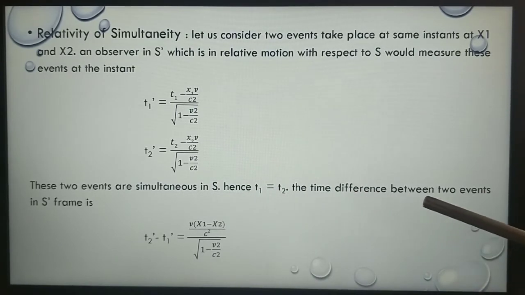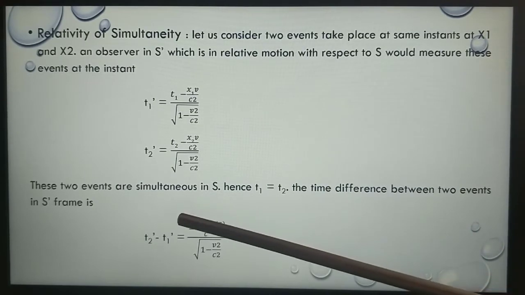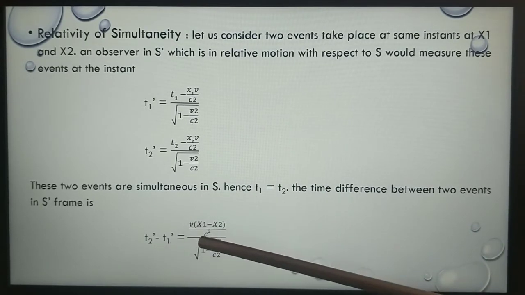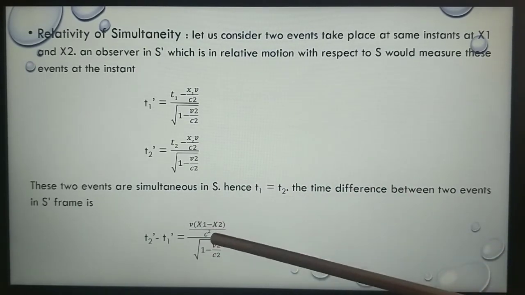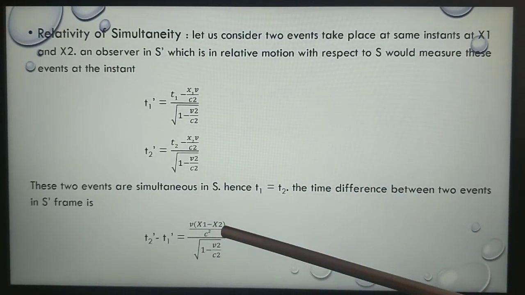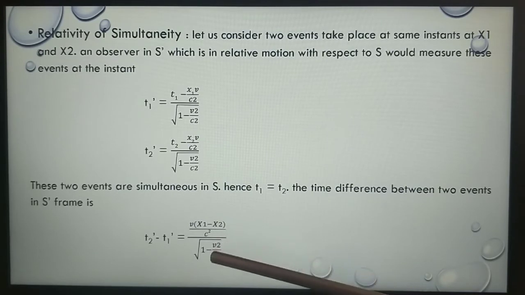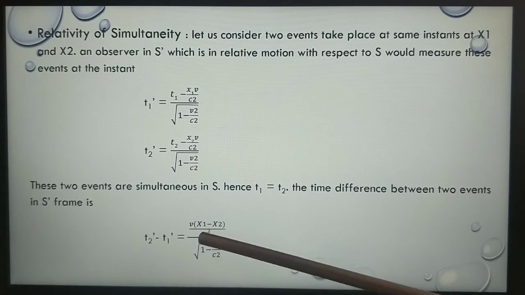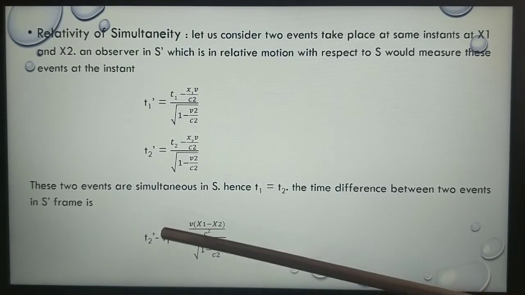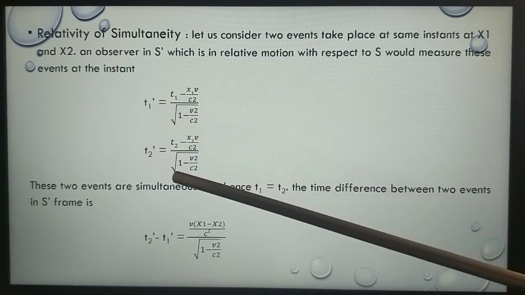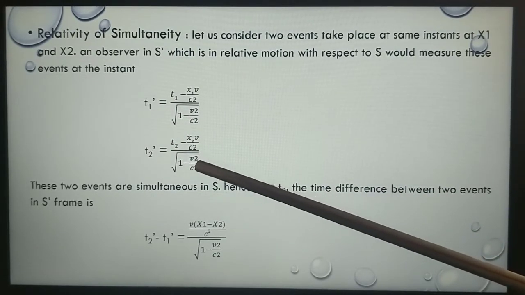The time difference between the two events in the S dash frame is t2 dash minus t1 dash, equal to v times (x1 minus x2) upon c square, upon root 1 minus v square upon c square. So here we do the subtraction between these two equations, t2 dash minus t1 dash.